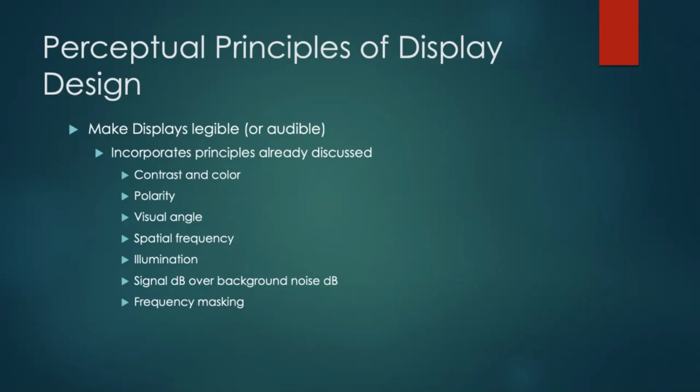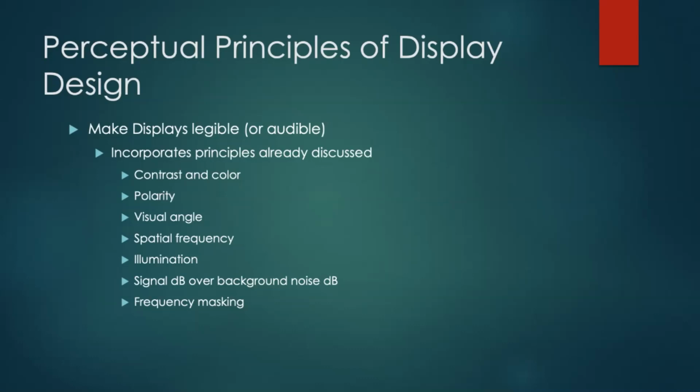If it's a tactile display, you want to make it discernible. You don't necessarily want to put a vibrotactile belt on an operator and then put them in a helicopter that's going to vibrate. So you want to incorporate principles we've already discussed, things like contrast and color, polarity, visual angle, spatial frequency, illumination.